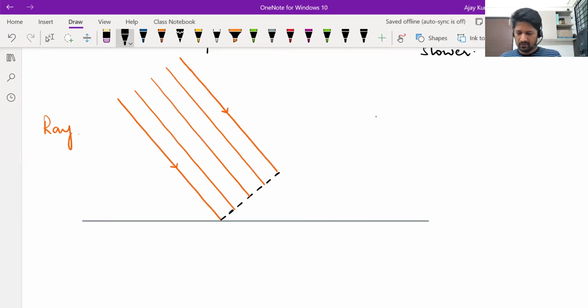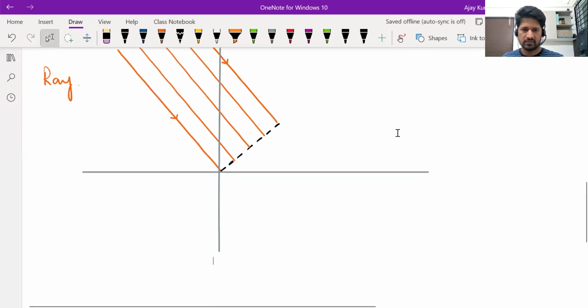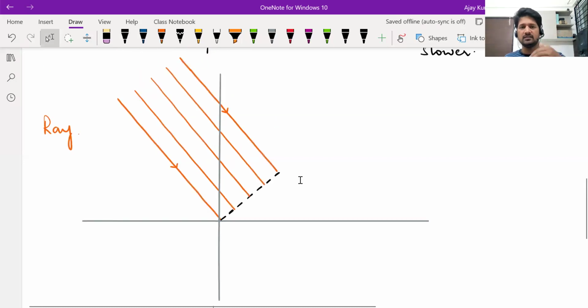You can visualize the angle of incidence as well. Let's draw a normal here. This line is a normal drawn at the point of incidence of the first wave, I can say. The entire ray, if you consider, each wave of the ray can have a different point of incidence.